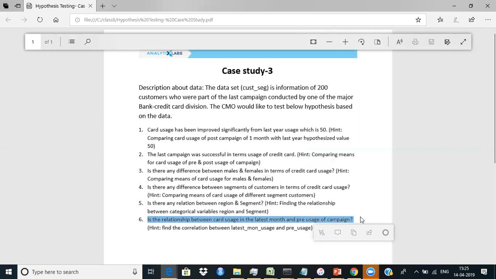This question is just asking you, is the pre-usage related to post-usage? That's it. It has nothing to do with the campaign. It does not ask you whether the campaign was successful or not successful or anything like that. It just asks you whether the pre-usage is related with post-usage.